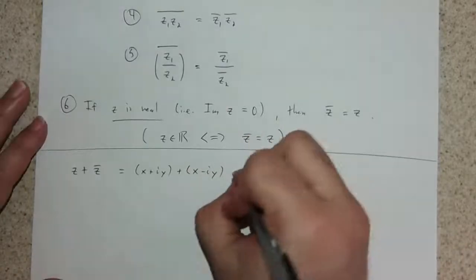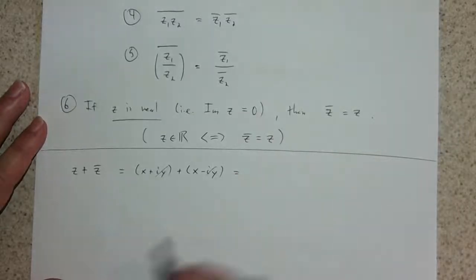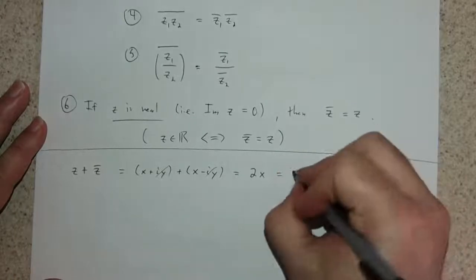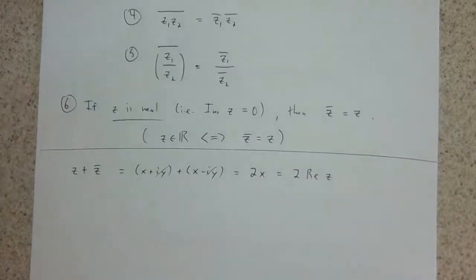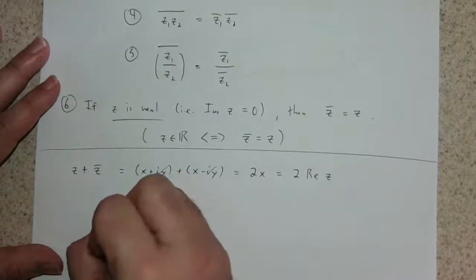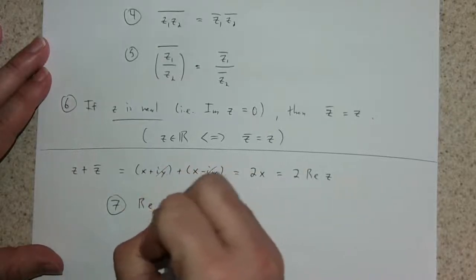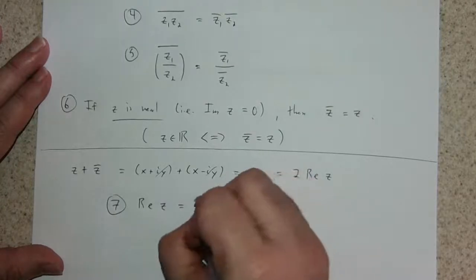Okay, well, the iy and minus iy cancel. And what I get is 2x, which of course is 2 times the real part of z. And so I get my next fact, which is that the real part of z is z plus z bar divided by 2.